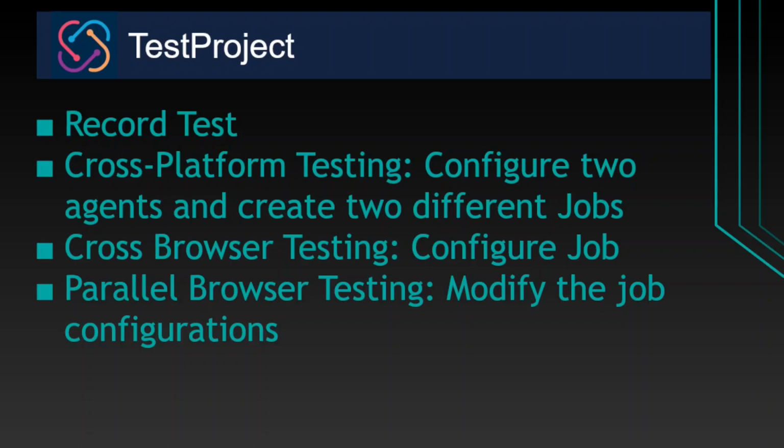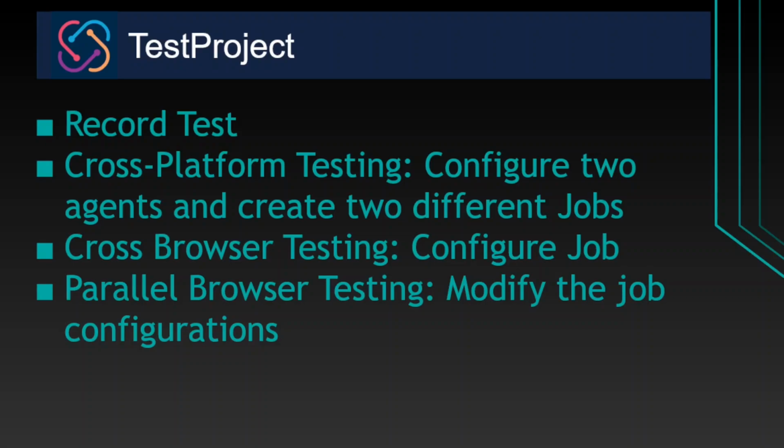And also cross browser testing. If you want to execute your automation test scripts in multiple browsers like IE, Edge, Chrome, Firefox, how can you execute all the scripts in multiple browsers at a time? I'm going to teach you how to configure those cross browser testing configurations.